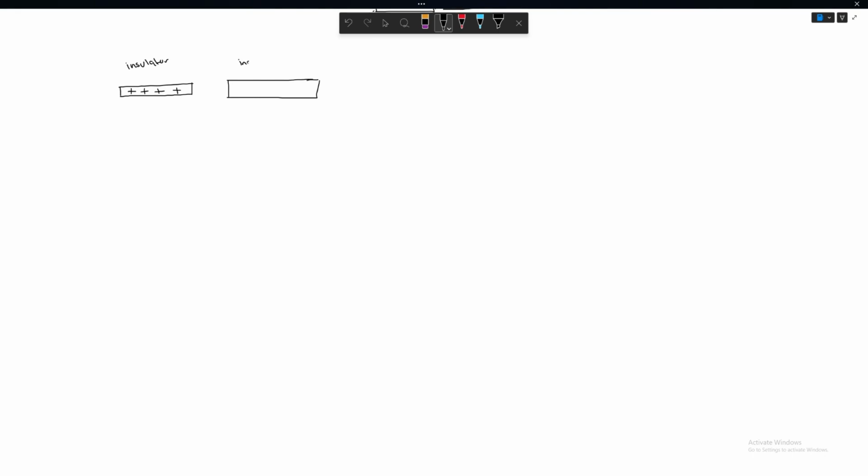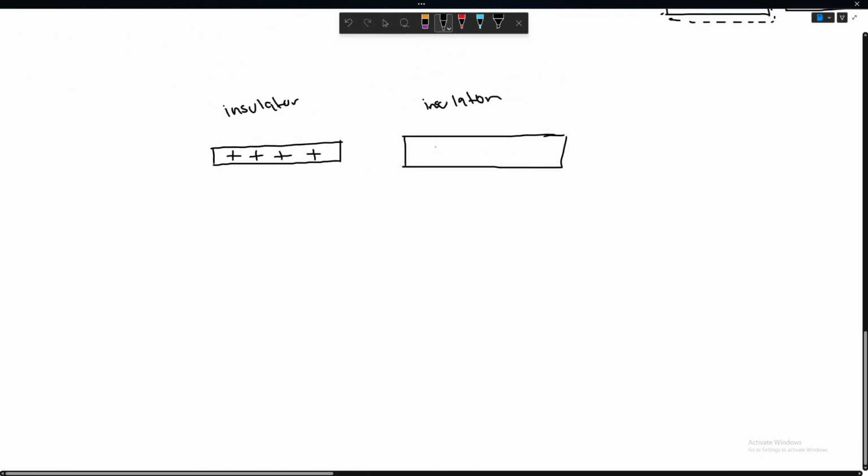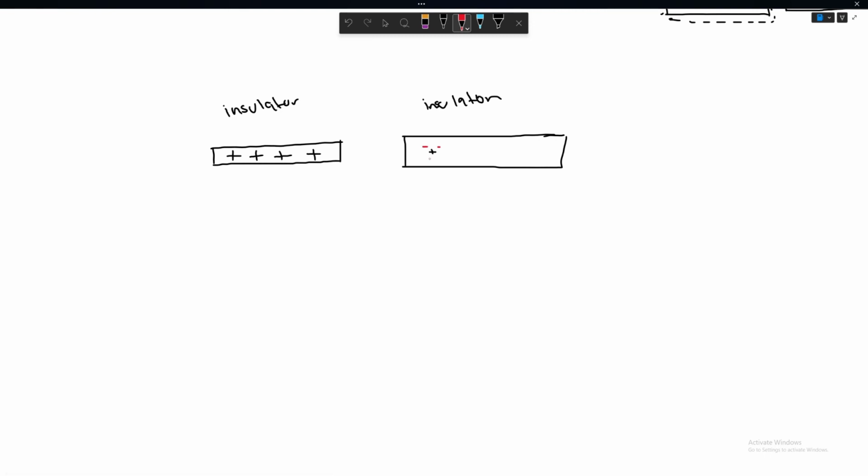And this is insulator as well. I can't spell insulator. Okay, if this was neutral, let's say what neutral would look like: you have the positive and you have a couple negatives around it. Okay? Positive, couple negatives around it. We'll just add one more.